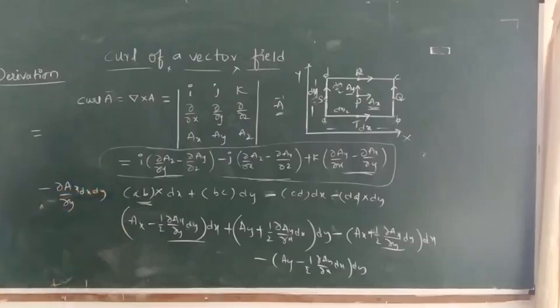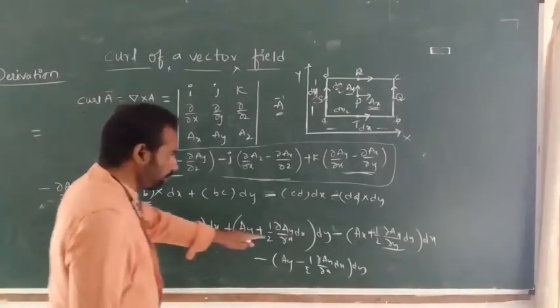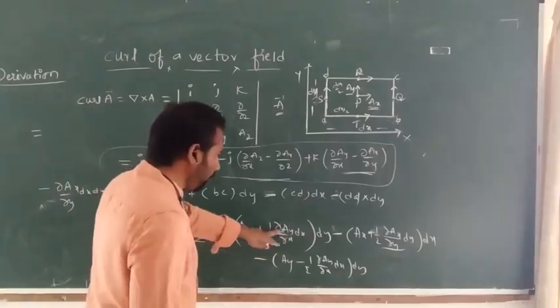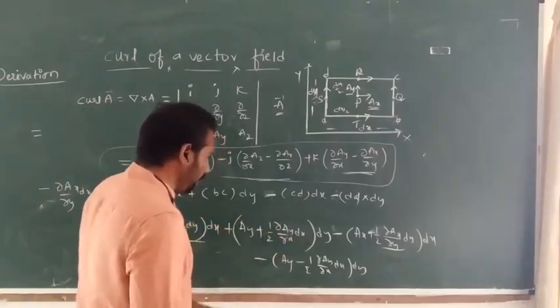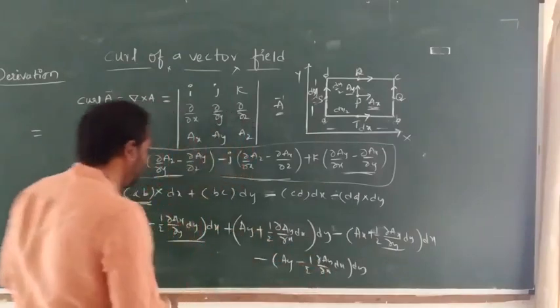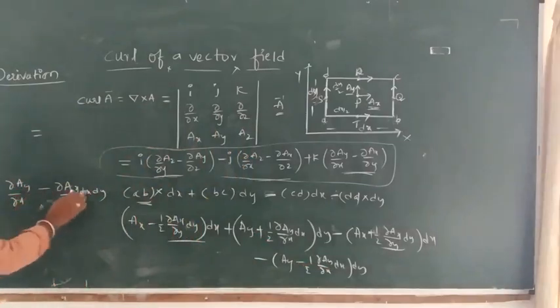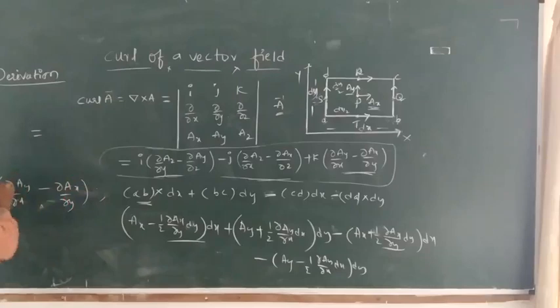Here also minus value, so we get plus 1, half of plus 1. So we get minus dou Ax by dou y into dx dy. Then we get plus dou Ay by dou x into dx dy. If you take dx dy common, the value is dou Ay by dou x minus dou Ax by dou y.